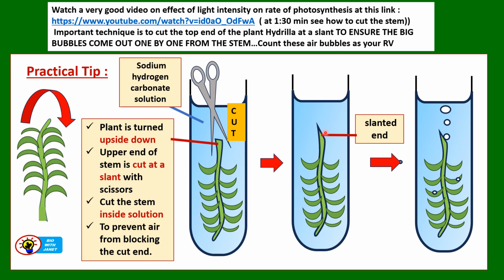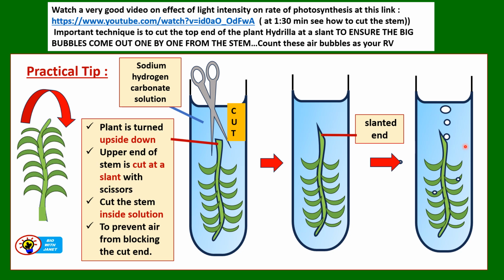Okay, and cut the stem inside the solution, and the slanted cut will help the surface area to be a bit more, so a bigger bubble can be released. Okay, so cut in water so that this prevents the air outside from blocking the cut end, and then that will stop the oxygen bubbles from being released.